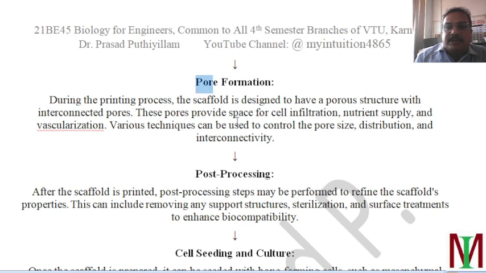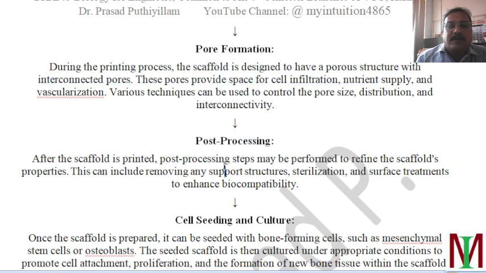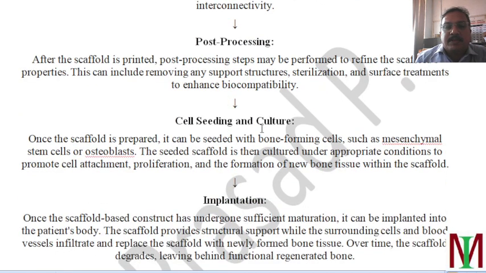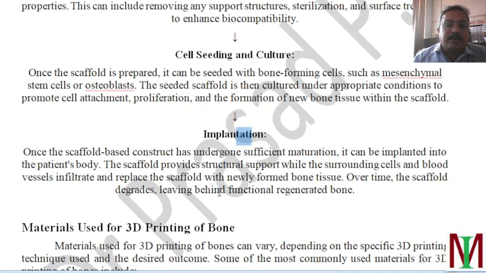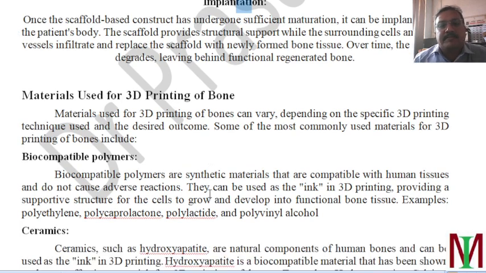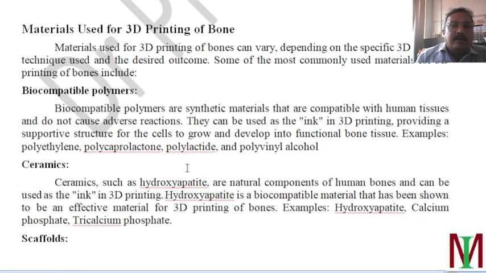Then pore formation is made during the printing process. The scaffold is designed to have a porous structure with interconnected pores. Then post processing procedures, cell seeding and cell culturing, then implantation into the body. So that is scaffold based 3D printing of bone.